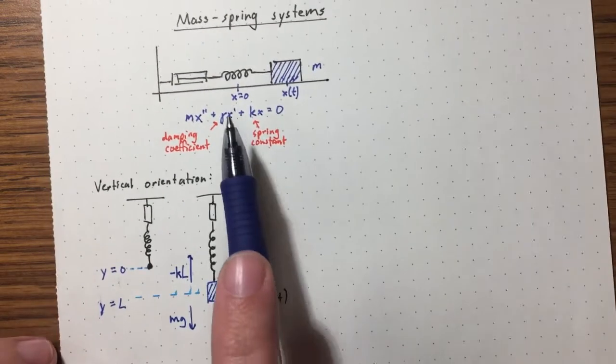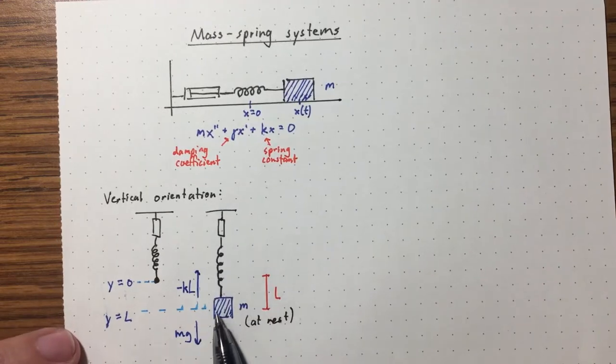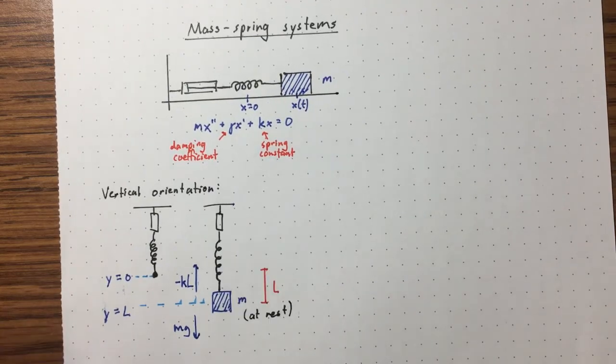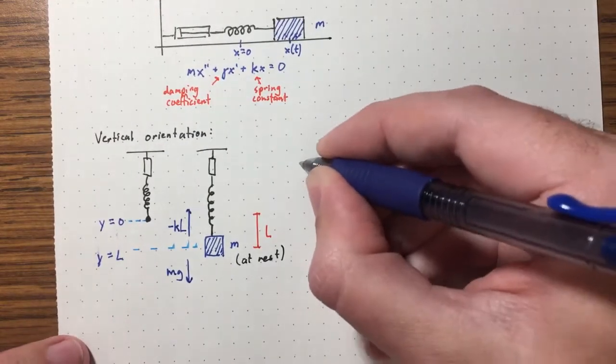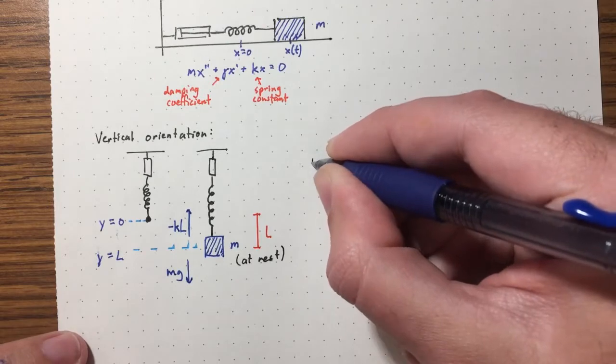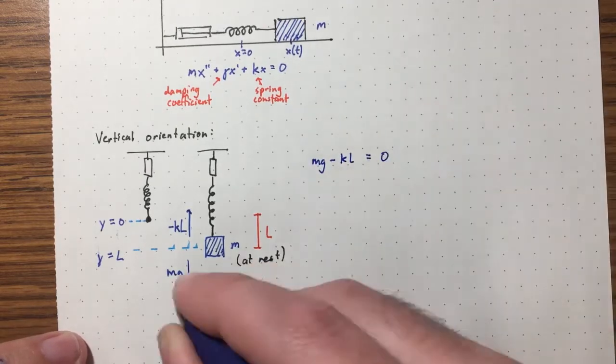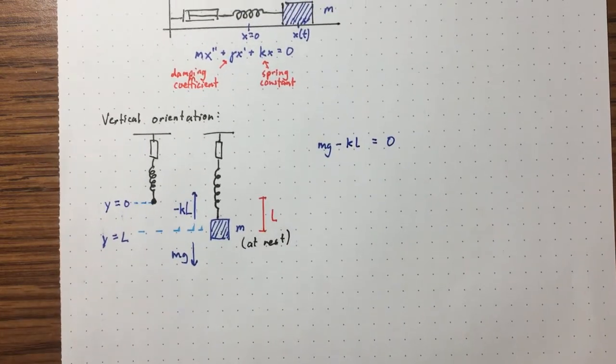And there's no force from the damping device because the object is at rest. We only have a force from the damping device if the object is moving, because it's proportional to velocity. And so what do we have here? We have mg minus kL is 0. These forces balance each other out.